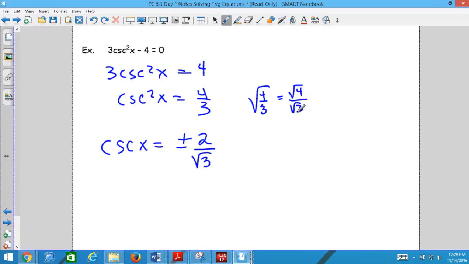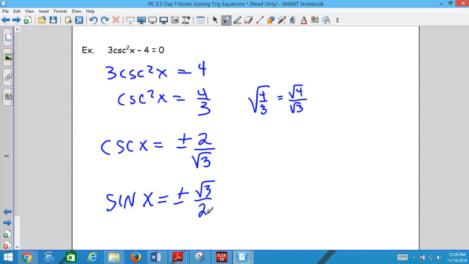I'm not going to rationalize, because I don't want to use cosecant. I'm going to change it to sine. I mean, you can rationalize it, but then you're giving yourself more work. So I want to know where sine x is either positive or negative, and I'm going to flip it: square root of 3 over 2. So where does that occur? Pi over 3. Yeah, at 60 degrees.